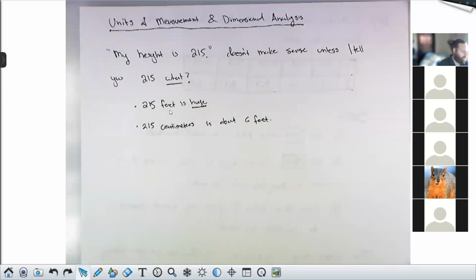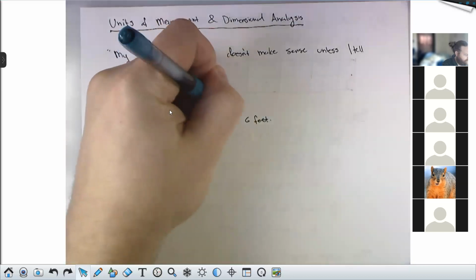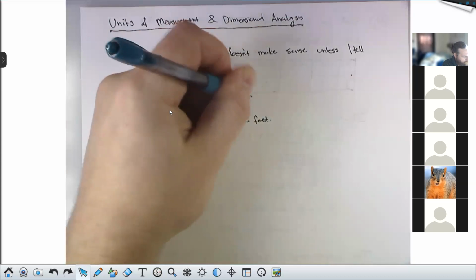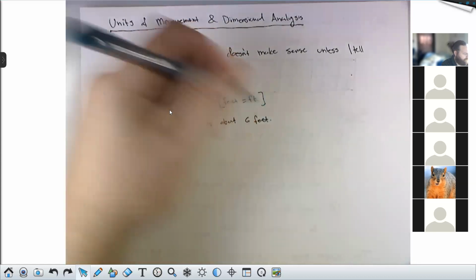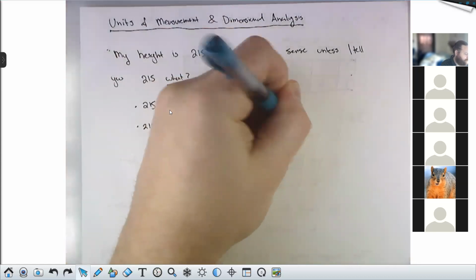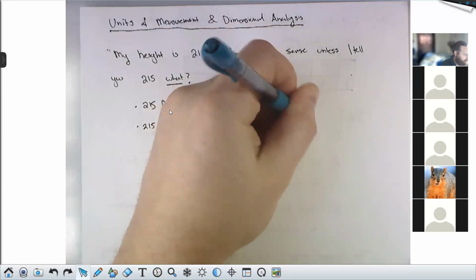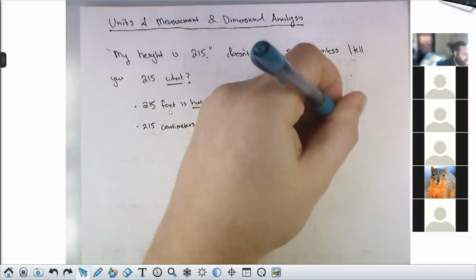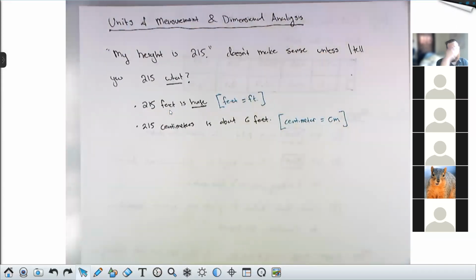For feet, usually you'll see FT, centimeter, usually you'll see cm. There's lots of these. Obviously, I can't describe all of them, but some other common units.